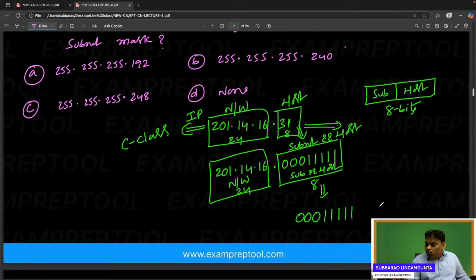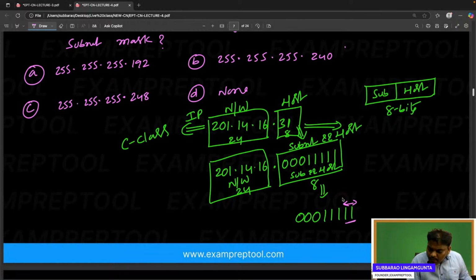Maybe only this last part is host, and the remaining is subnet, because in the DBA the host part is all ones.